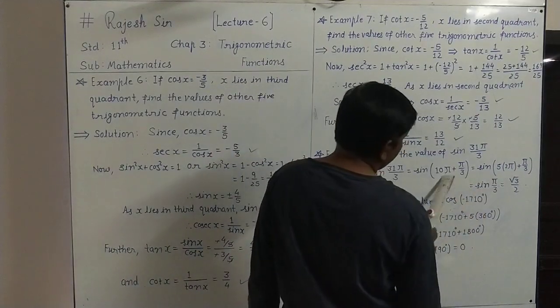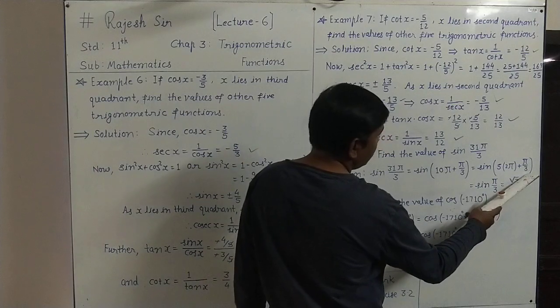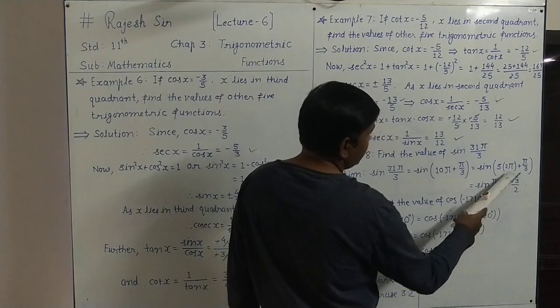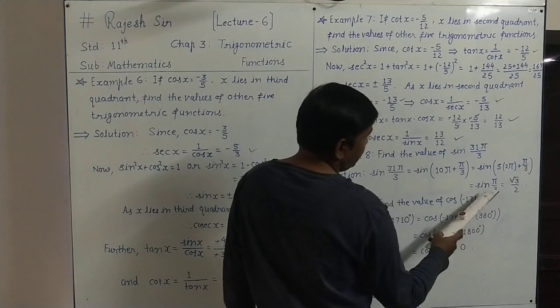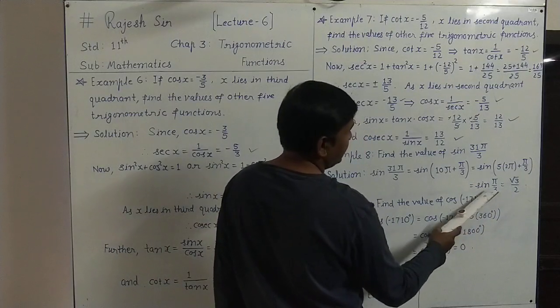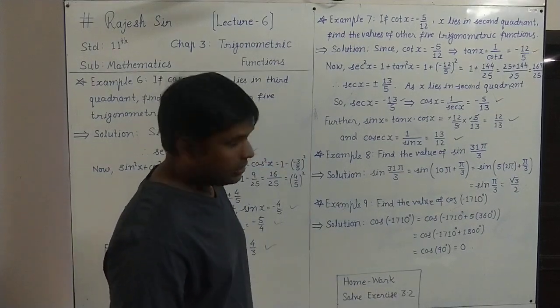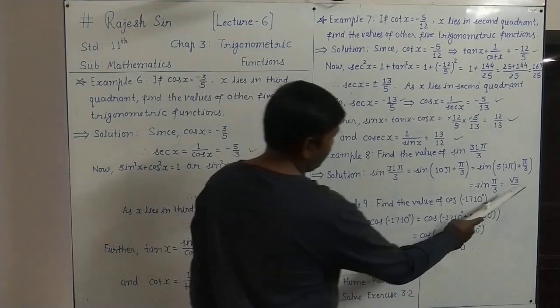So this is 10 pi, the 5 revolutions are done, and then we come to the angle pi by 3. So it is sine pi by 3 only, and sine pi by 3 is sine 60 in degree form, and its value in the trigo table we know is root 3 by 2.